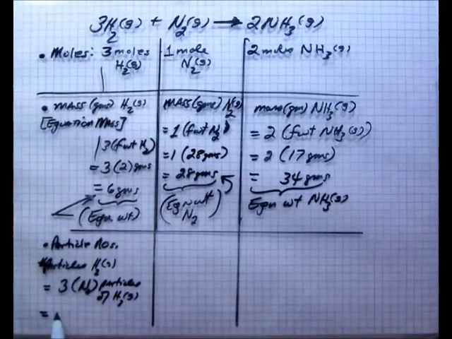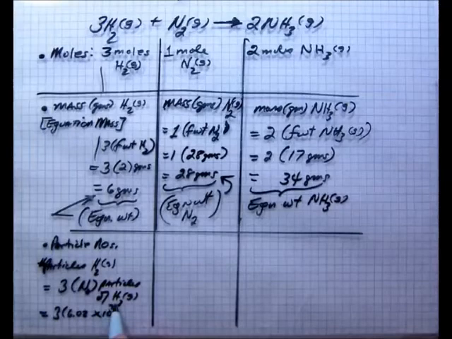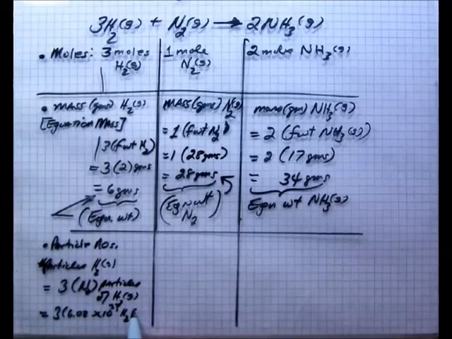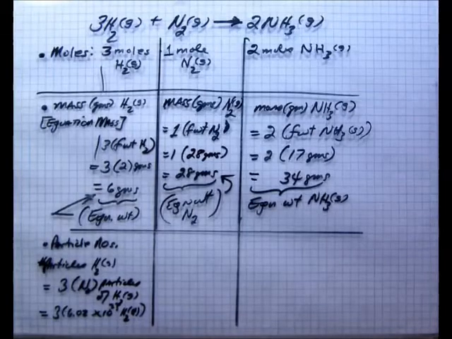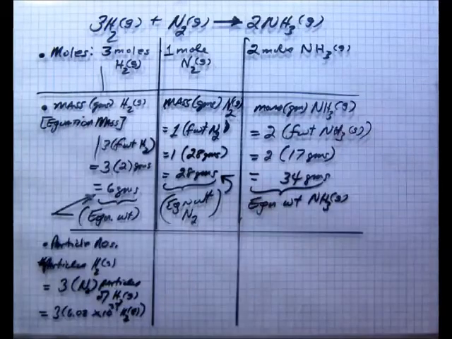And that, of course, is 3 times 6.02 times 10 to the 23rd H2 gas molecules. Now, why you would need it is dependent on the circumstances you're working in, problem or whatever. But that's one of the things that can be extracted from the equation.